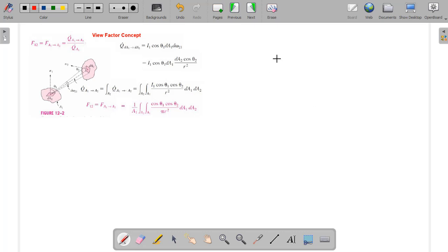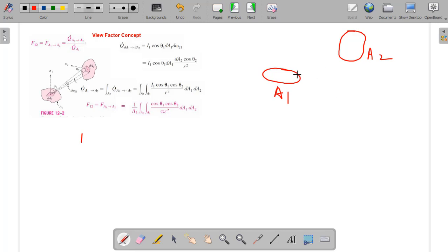Now, if you consider only emission, let us consider initially there are two surfaces like this one and this one as shown in the figure. This one is A1 and this one is A2. They are arbitrarily oriented. For simplicity, initially we are considering both surfaces to be black surfaces.